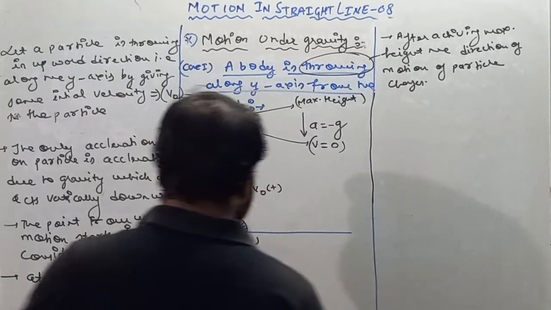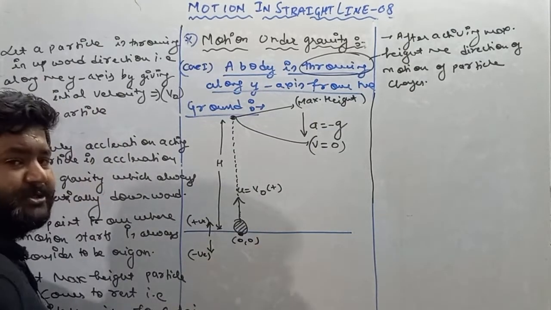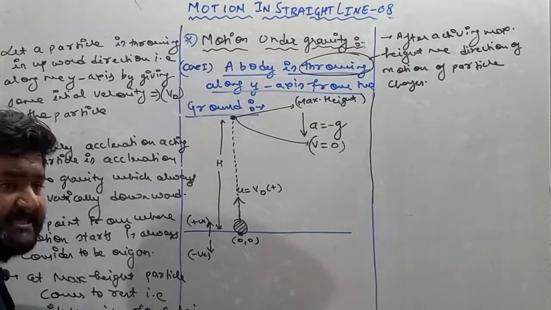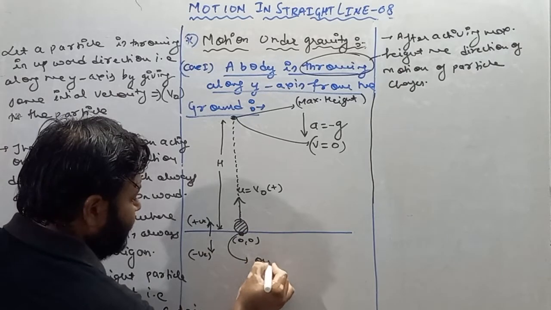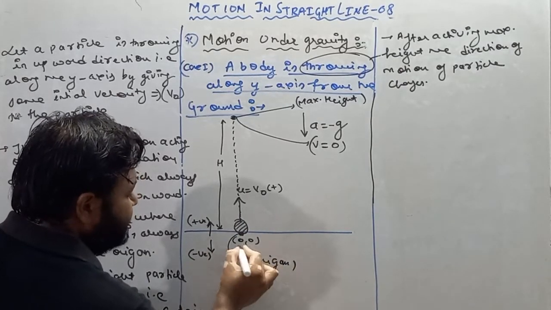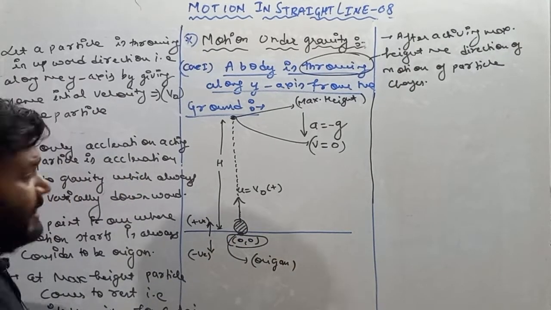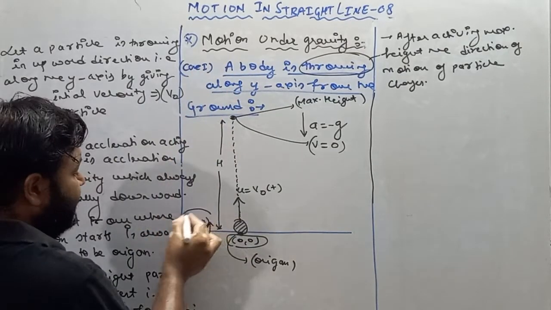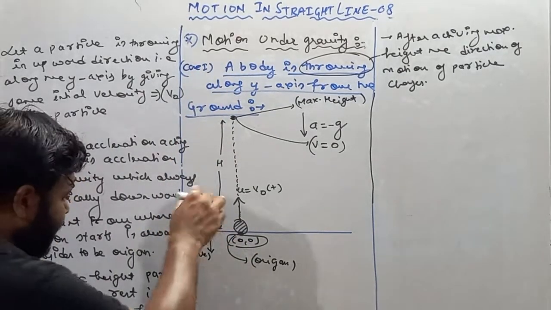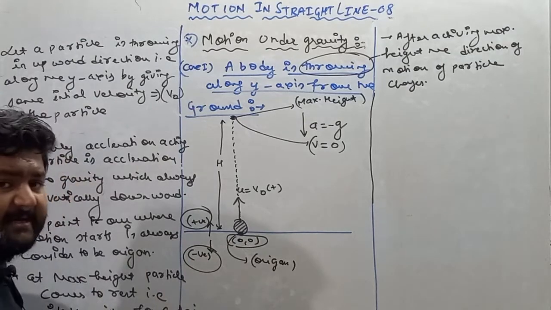So remember this thing, this point from where motion starts is called the origin. This point is considered to be the origin, and we know that the origin carries the value 0, 0. Above the origin, all the values are considered positive, and below the origin, all the values are considered negative.